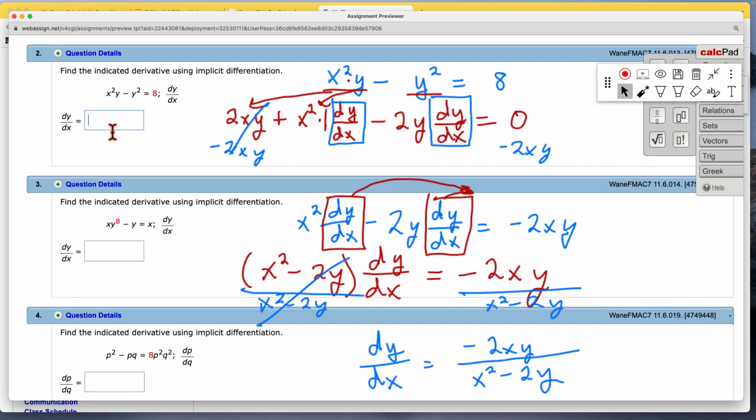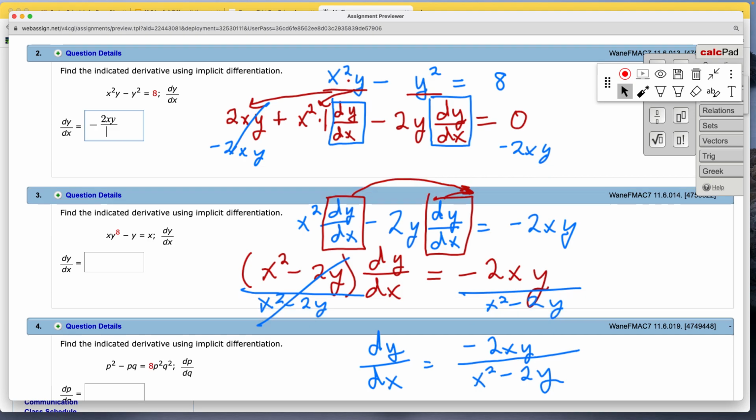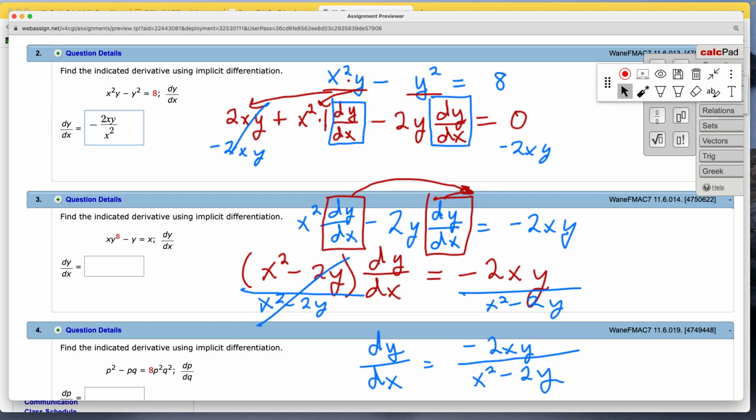Not there, up here. And what you'll see is this question is, you're going to have exactly the same answer, because the only thing that will be different is the number 8 will be some other number. So when you take its derivative, it's still 0.